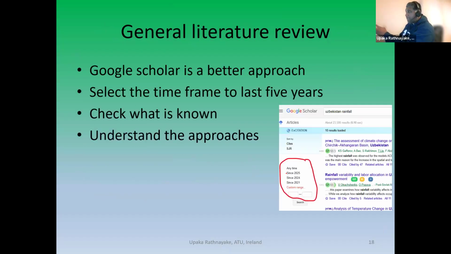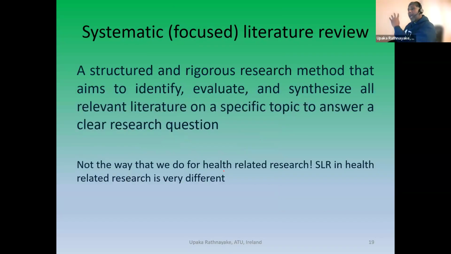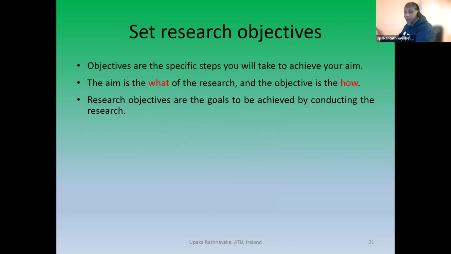So I know basically what is known, and I have understood the approaches, and I checked my skill set, and I have done a focused literature review. I know my set of objectives to achieve.